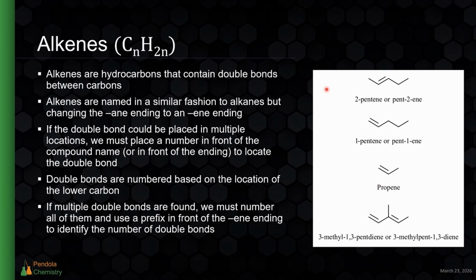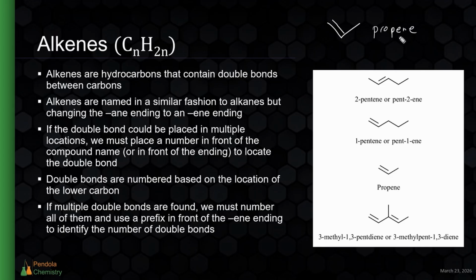This is a very simple molecule where we have 3 carbons, 1, 2, 3, with a double bond. A 3-carbon chain will be propane if we have no double bonds. If we add a double bond, then propane simply becomes propene. We simply change that A to an E, meaning it has a double bond.